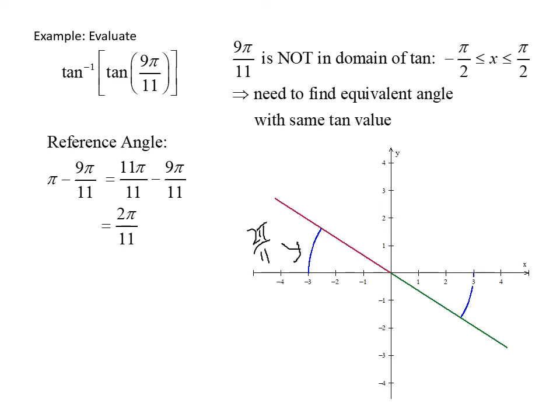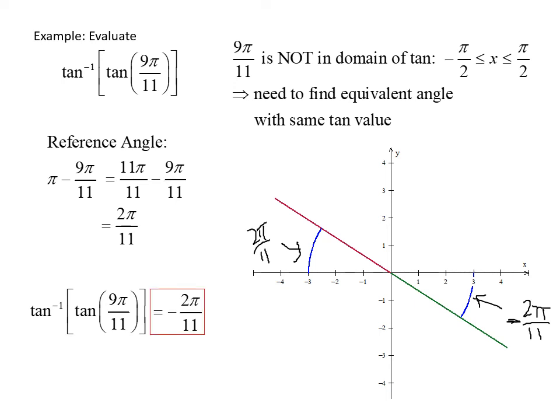And that means that this angle that we're looking for over here is also going to have a measure of 2 pi over 11. But since it went down from the x-axis, it's going to be negative. So the inverse tangent of the tangent of 9 pi over 11 will be negative 2 pi over 11.